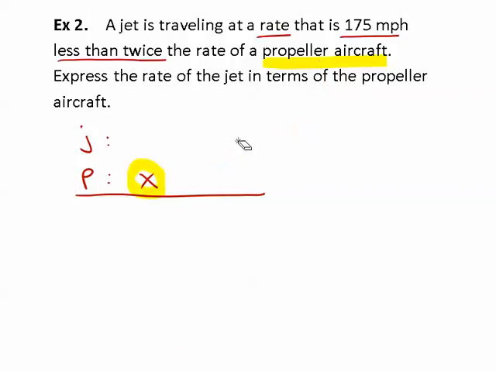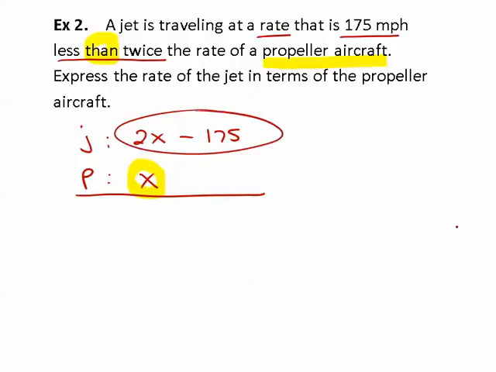Well, 175 less than, don't forget about the word than, we'll change the order of the terms. So 175 less than 2x is written as 2x minus 175. So the instructions wanted us to express the rate of the jet in terms of the propeller aircraft, so the answer would be 2x minus 175.